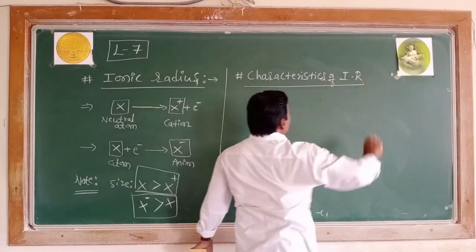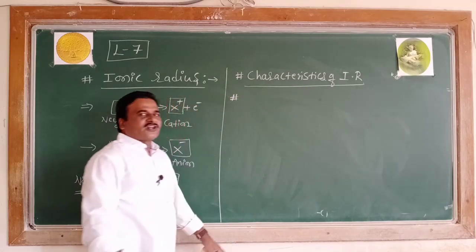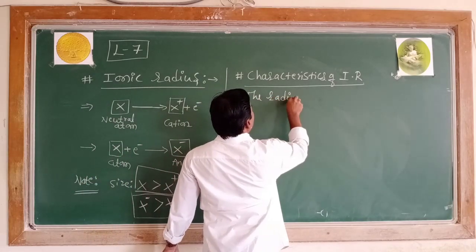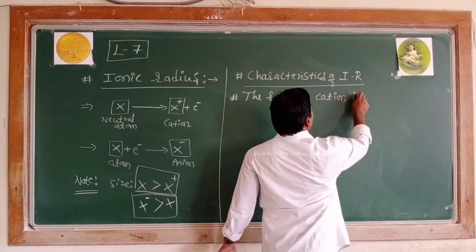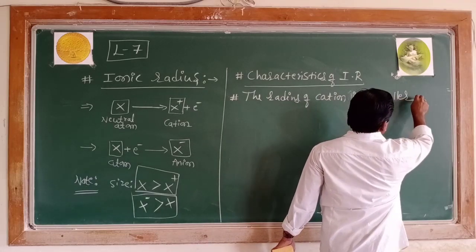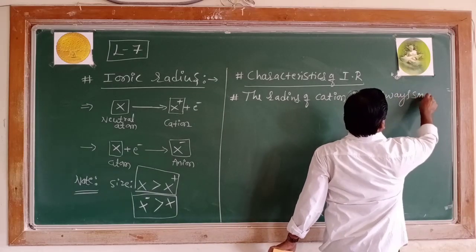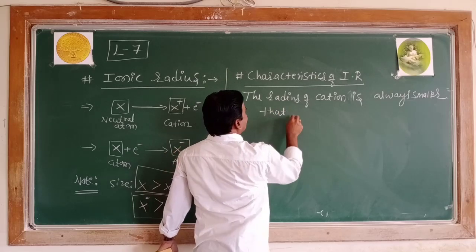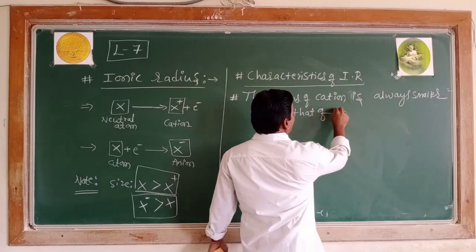Ionic radius, first one. The radius of cation is always smaller than that of neutral atom.